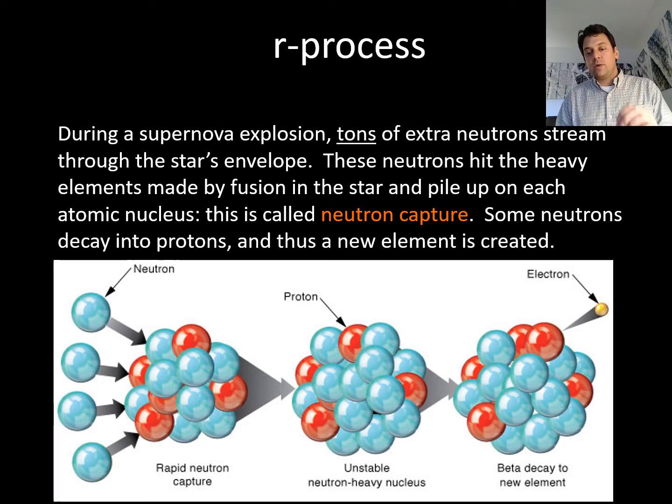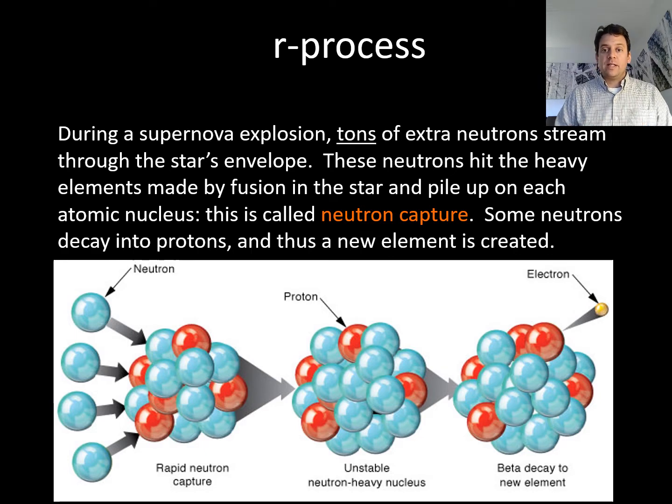But during the stage of stellar explosion of this supernova, so much is happening so rapidly that essentially the constituents, the particles and the nuclei that are in the star, don't have time to find their true lowest energy state.